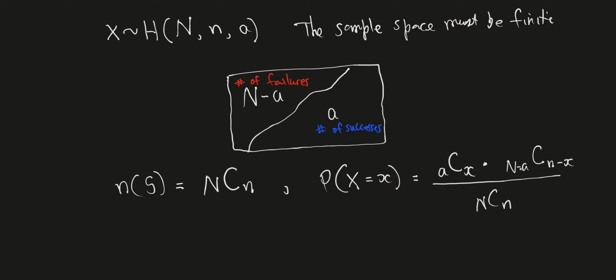So these two numbers must add up to everything that I have here, right? We're choosing x out of this subset, and then the remaining n minus x out of this subset, and then divided by the total number of ways of choosing little n things out of N things.